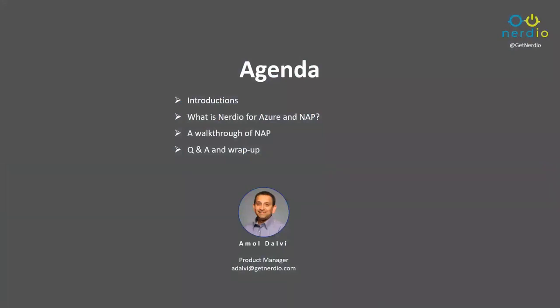I have a question here about pricing. So let me answer the question about pricing in this way. The Nerdio for Azure licenses are charged at $18 per user per month. But in addition to that pricing, you also need to be aware of three other components. There's, of course, the Azure pricing itself for using all the Azure resources.